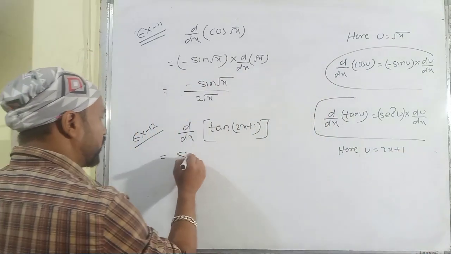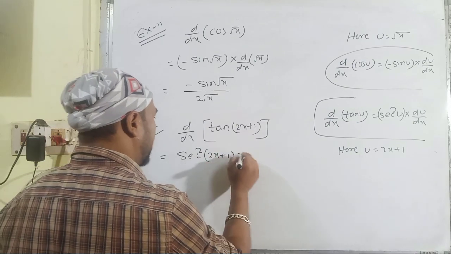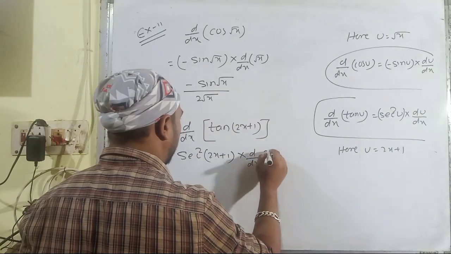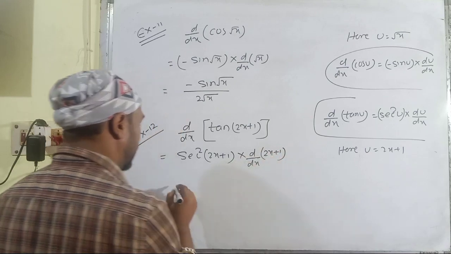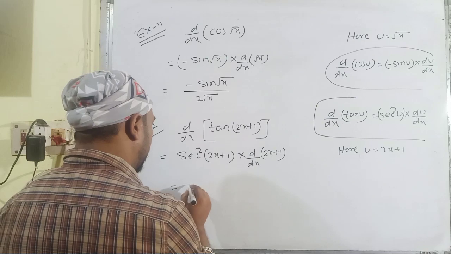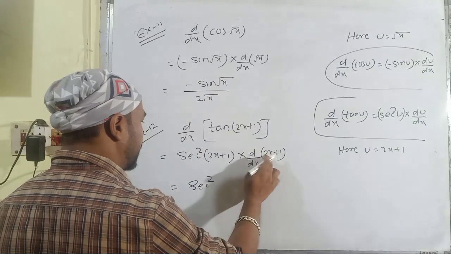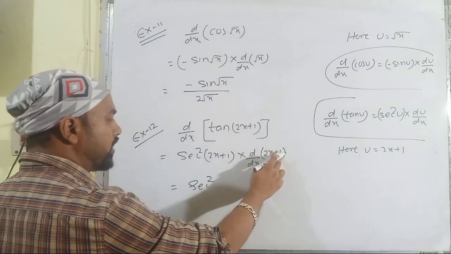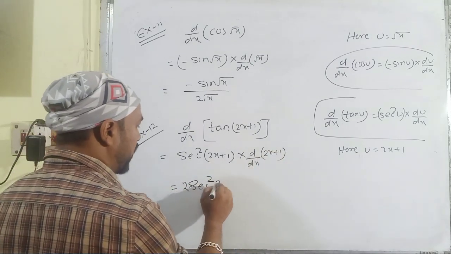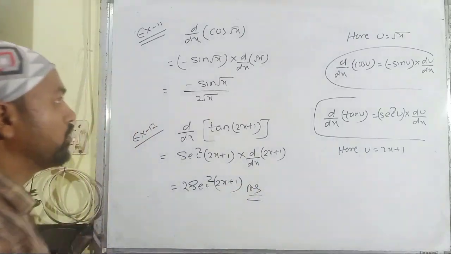So it will be sec square 2x plus 1 multiplied with the differentiation of 2x plus 1. Differentiation of 2x is 2, plus differentiation of 1 is 0. So it is 2 sec square 2x plus 1, which is the answer for the given problem.